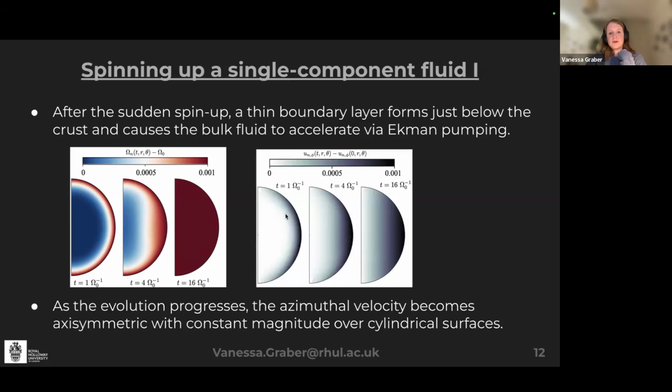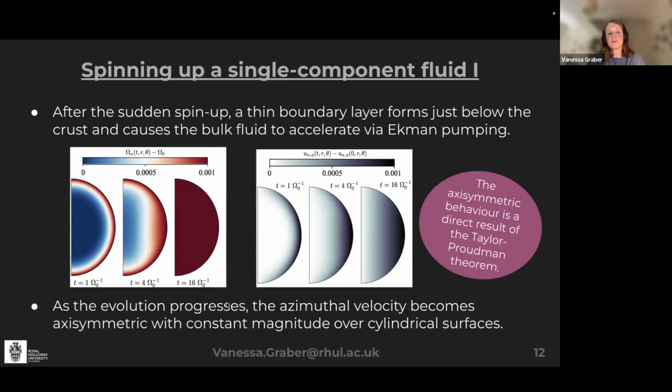And it turns out if we look at the actual azimuthal velocity, we do really see what we would expect from the Taylor-Proudman theorem, that the azimuthal velocity becomes axisymmetric, and we have these constant magnitudes over cylindrical surfaces. So it becomes very quickly a cylindrical problem, which is what we would expect. So this all works fine. So the actual numerical method and our implementation is correct in that case.